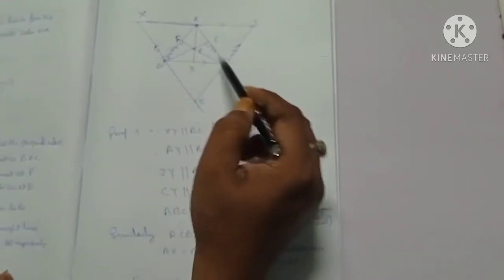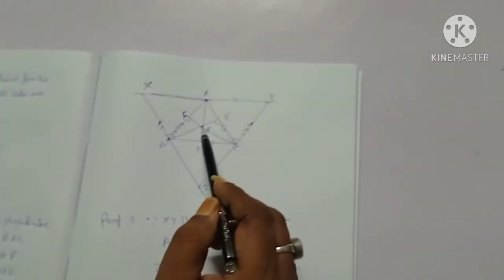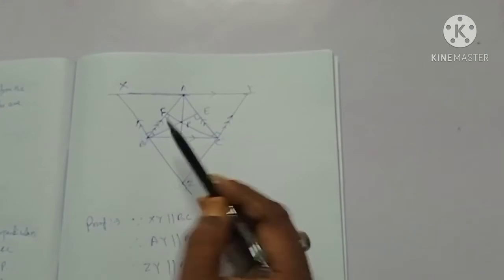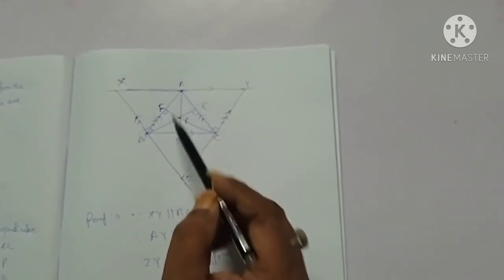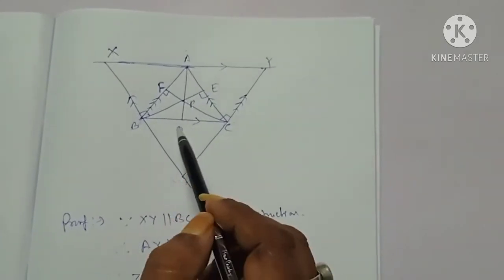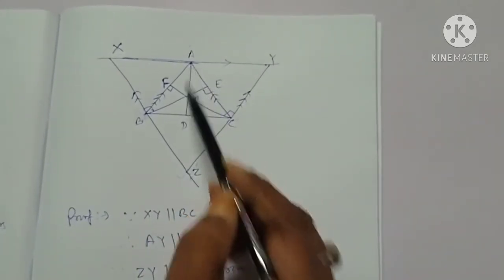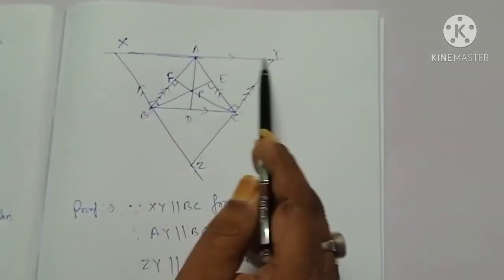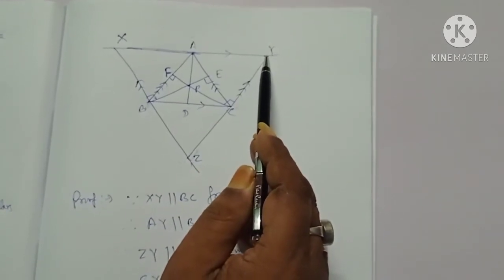Now these two perpendicular bisectors intersect at P. It is given. So since AD passes through P, AD must be the perpendicular bisector of XY.